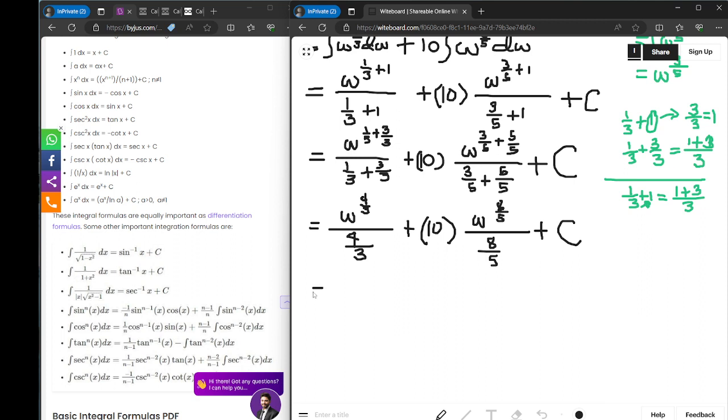After which, we're going to change this. If you're familiar with fractions, if I have 2 over 4 over 3, that is just the same if we write that as 2 times 3 over 4. Then we can proceed to multiplication. So that would be 2 times 3 over 4.